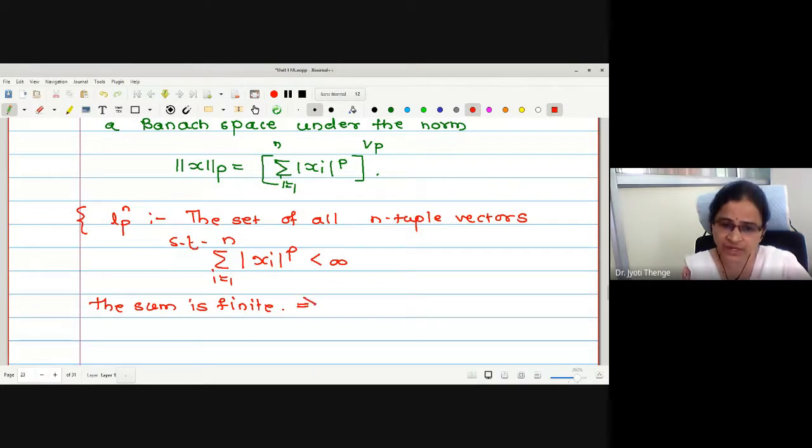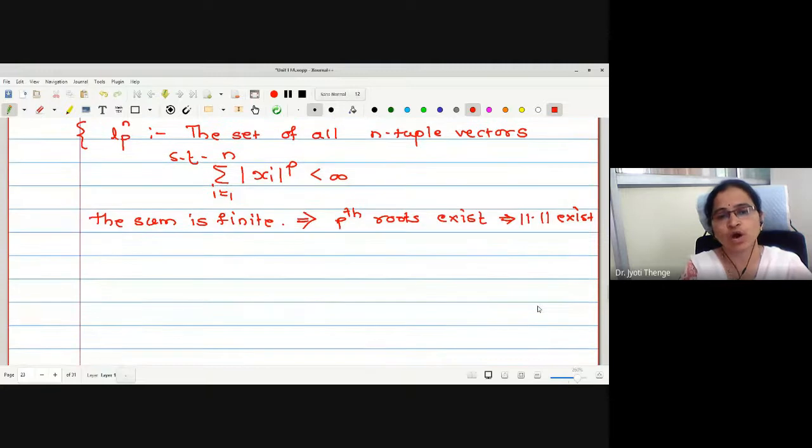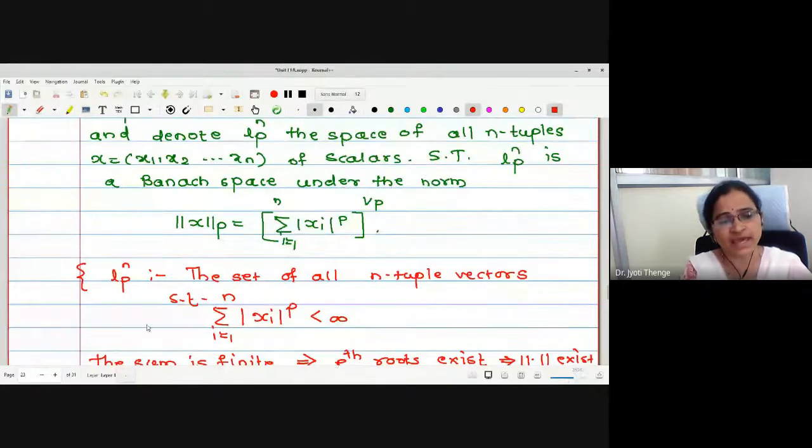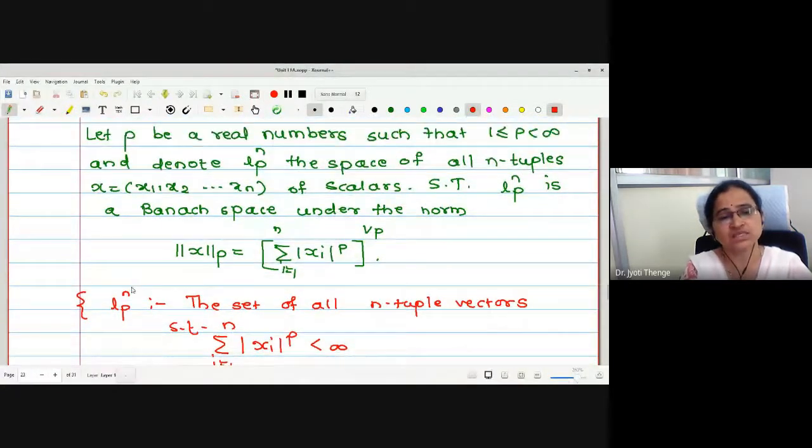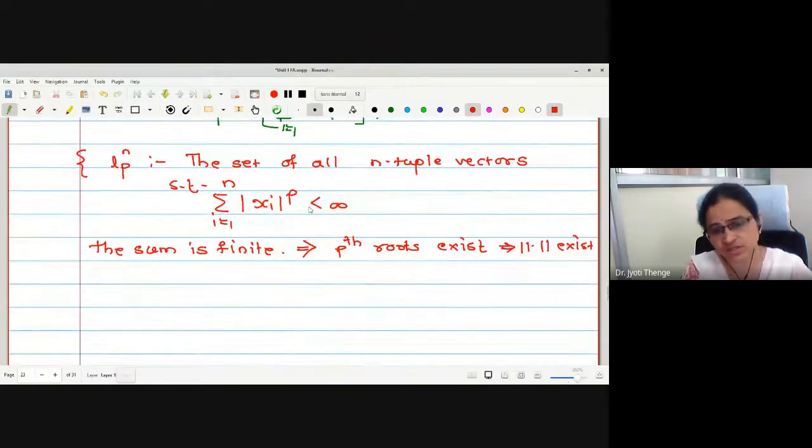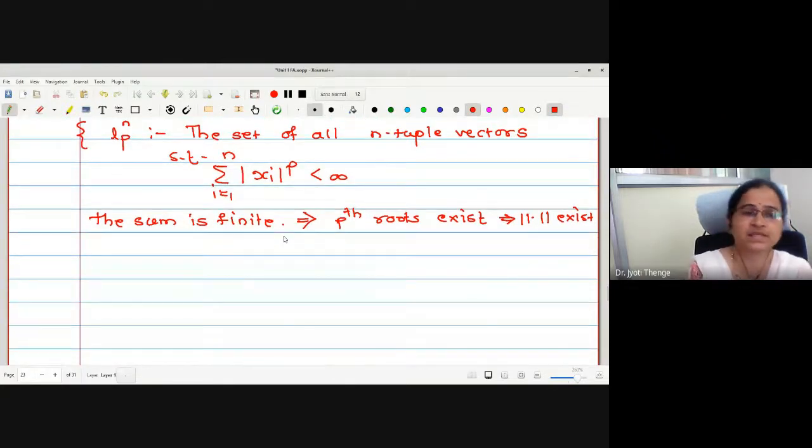What does it imply? The pth root exists, and surely this norm exists. Therefore, may I say LPN space is a subspace of Cn or Rn spaces with this extra condition, that is, summation mod xi raised to P less than infinity.